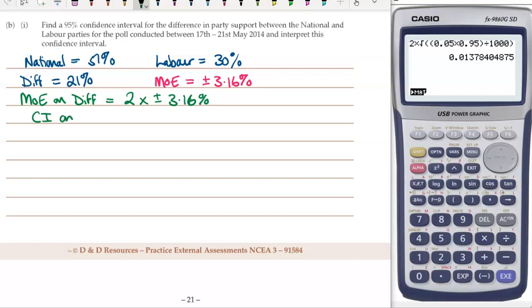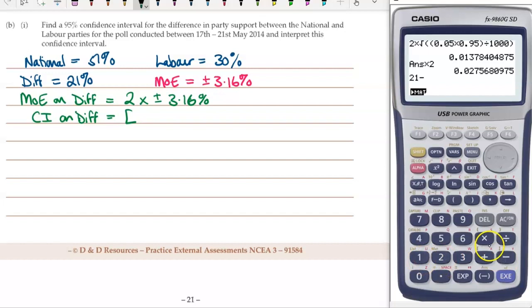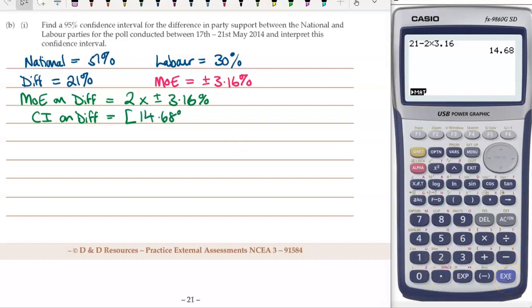So our confidence interval on the difference is going to be, if we do 3.16 times 2, actually I'll just take that answer we just had, and times it by 2. Our difference was 21, so we'll take off that amount. Okay, so 21 minus 2 times 3.16 is going to be 14.68%.